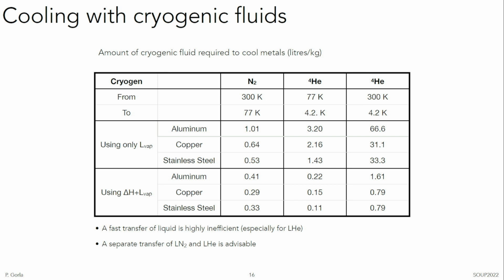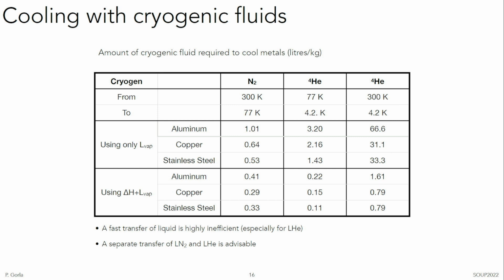you need some 1 liter per kilogram to complete this temperature step. But if you profit also from all the internal energy, so you don't just let the helium or the nitrogen evaporate in contact with your material, but you profit from the expansion and the temperature of the evaporating gas, so you maximize the use of all the internal energy, you end up with much less liquid nitrogen needed to cool 1 kilogram of aluminum, copper, or stainless steel.